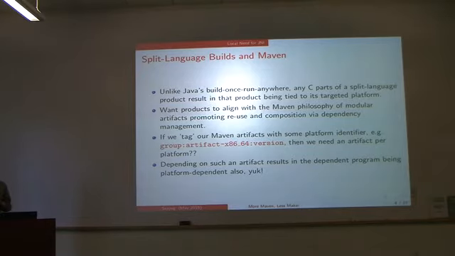Maven's so good at it. Okay, so that just falls apart in the C world. You're kind of on your own. There's no system I know of, especially for Unix or Linux C, other than Make, that can promote what Maven can do in the Java world for modularity. So I've got this mismatch where I want to go Maven, but I've got to somehow accept that I've got platform-dependent builds.